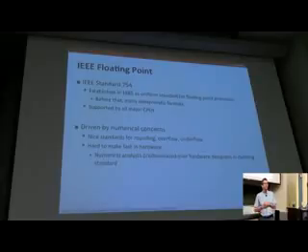In 1985, IEEE, which is the professional association for electrical engineers and also a very important standards body, introduced a standard floating point representation called IEEE floating point, which was then adopted by all computer manufacturers. So now the situation's much better.